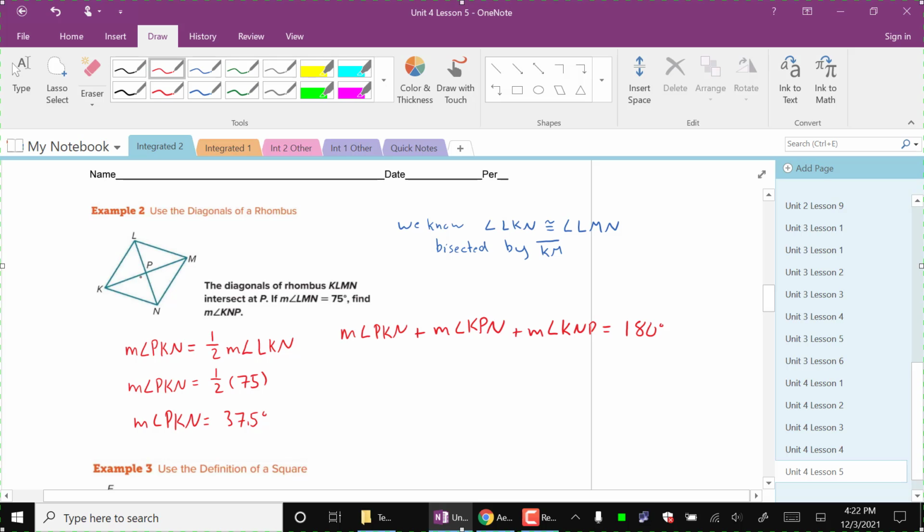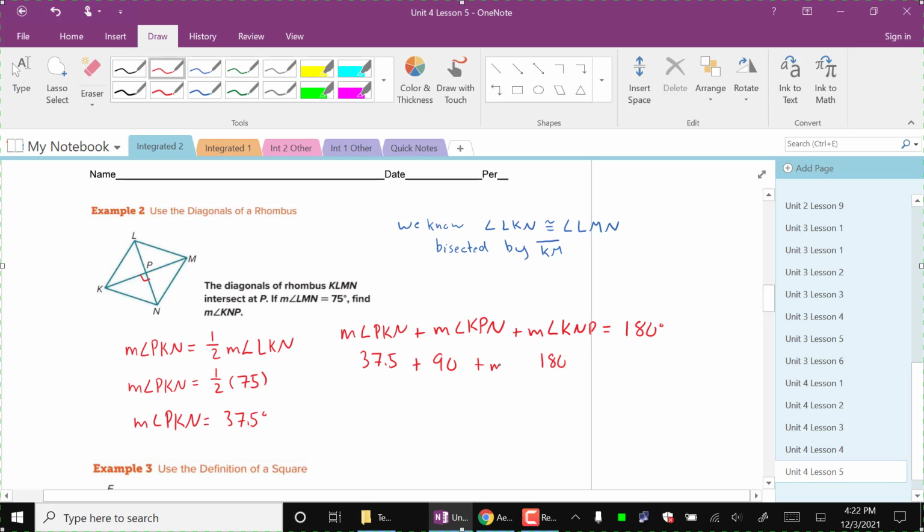Since this is a perpendicular bisector right here, we know that that's going to be a right angle. So this is going to give us, we just found this is 37.5. As we said, KPN is 90, so it's going to be plus 90. This is the one we want to find, so this is our unknown.